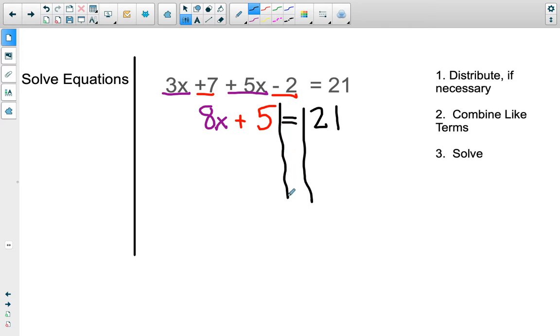Draw my lines down, solve it like any two-step equation. I want to get rid of this 5. Opposite of adding 5 is subtracting 5. This cancels out.